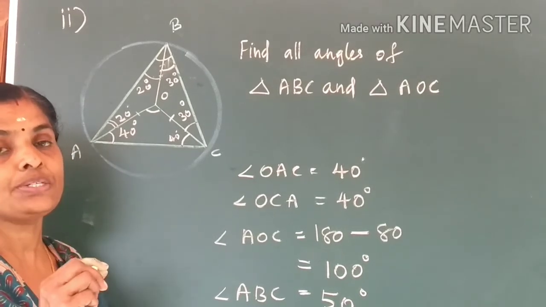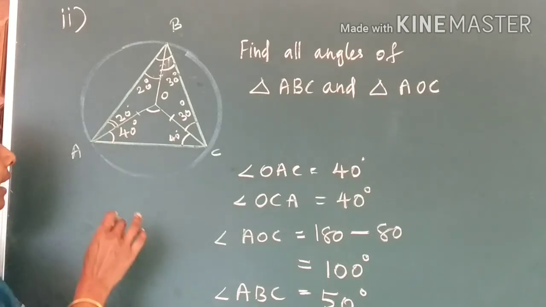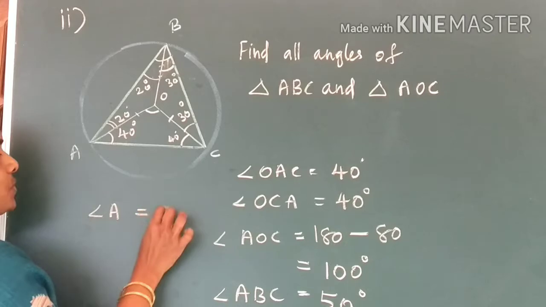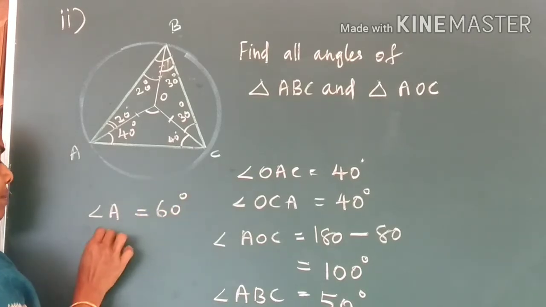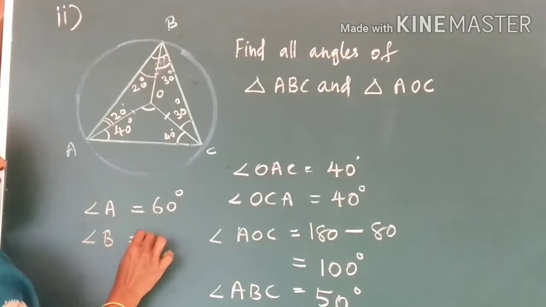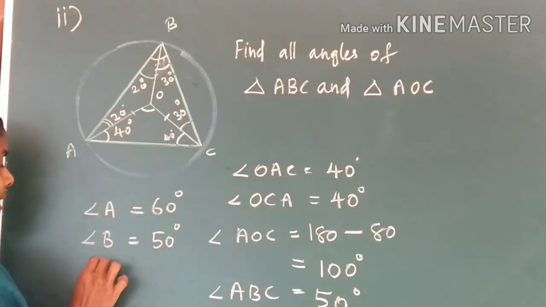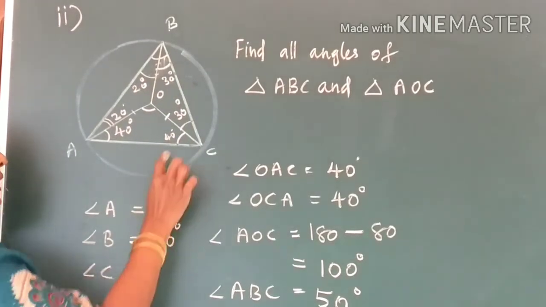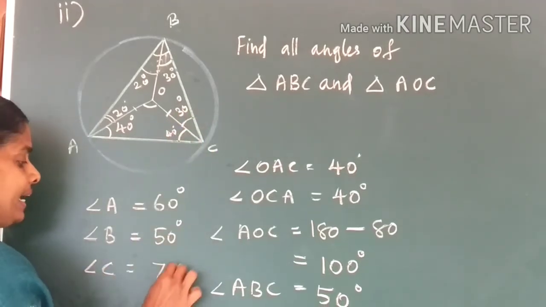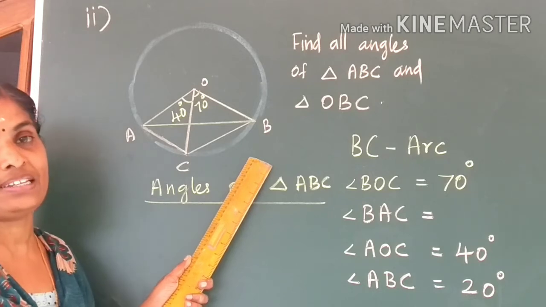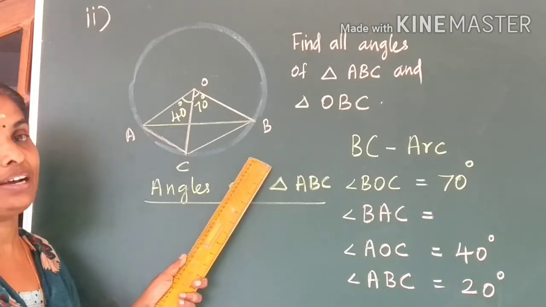Now the angles of triangle ABC are: angle A is equal to 40 plus 20, 60 degree. Angle B is equal to 30 plus 20, 50 degree. Angle C is equal to 40 plus 30, 70 degree. Let us do one more question, children. Look at the figure.